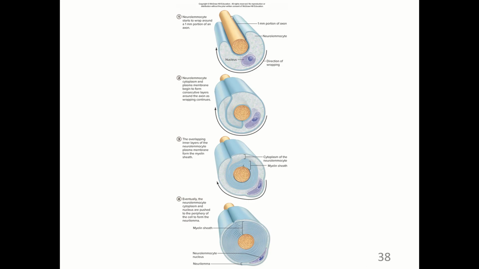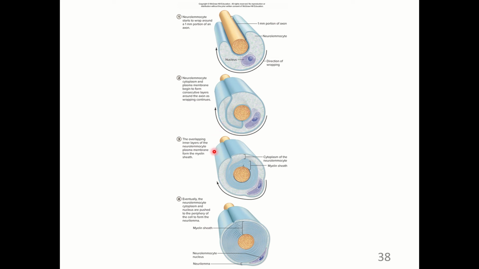This shows the process of myelination by a neurolemmacyte. In step 1, the neurolemmacyte starts to wrap around a 1 millimeter length portion of an axon. In step 2, the neurolemmacyte cytoplasm and plasma membrane begin to form consecutive layers around the axon as wrapping continues.